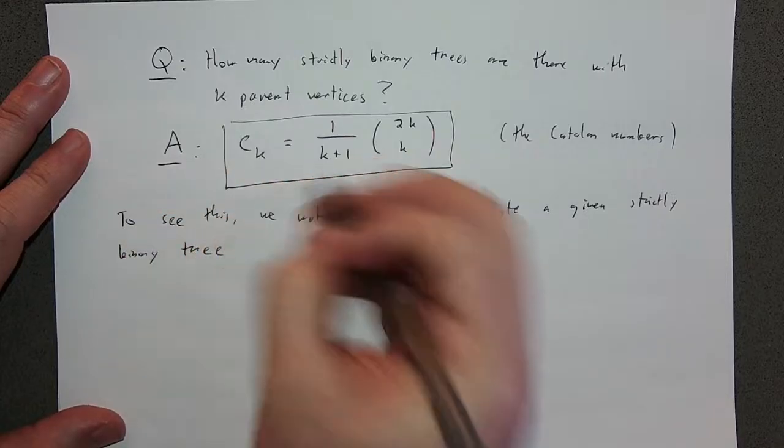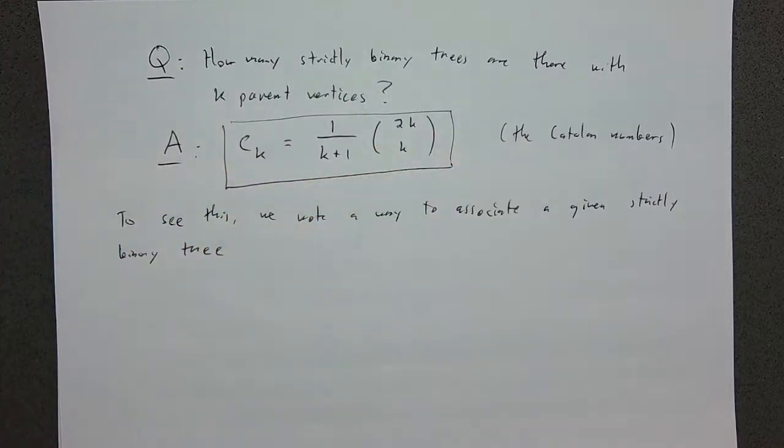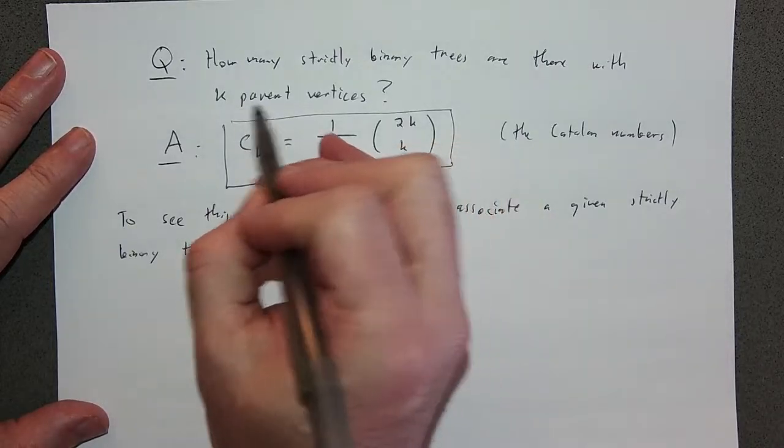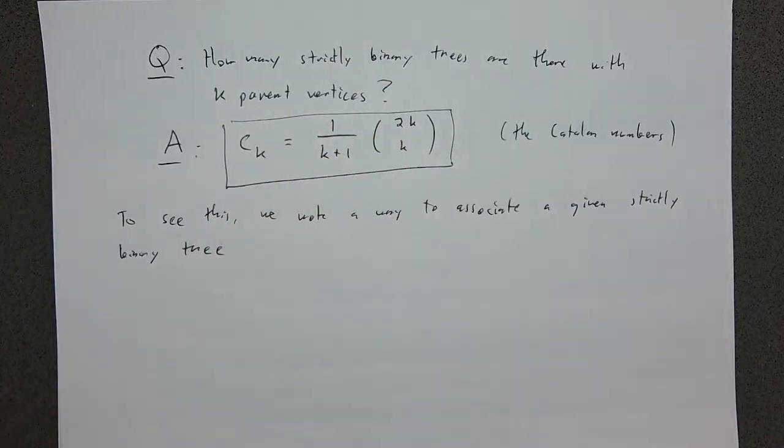Remember, a strictly binary tree by definition is a rooted tree, so I don't need to say a strictly binary rooted tree. A strictly binary tree is already a rooted tree because we need the root to be able to talk about parent vertices in the first place.